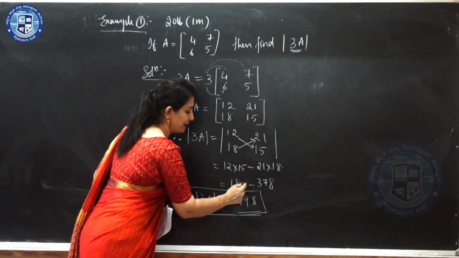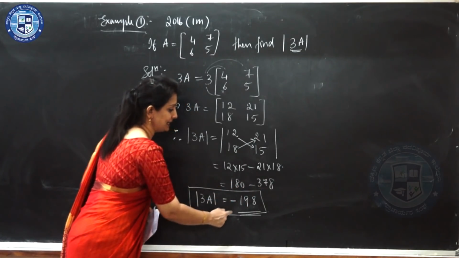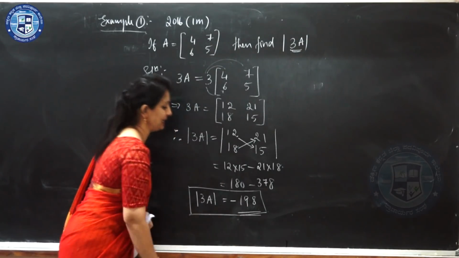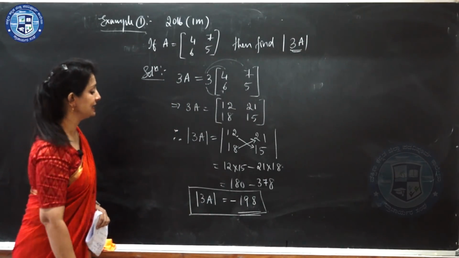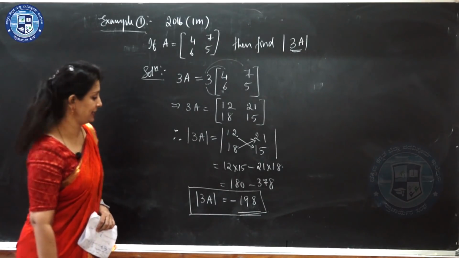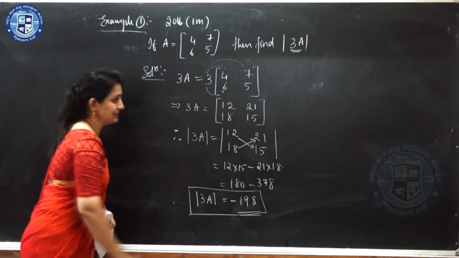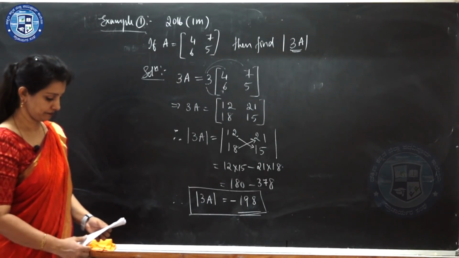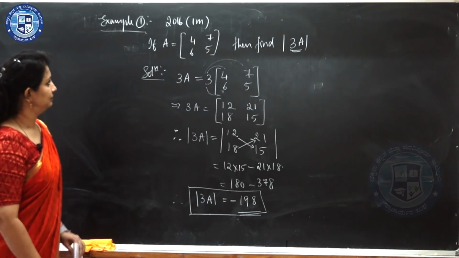Now, 180 minus 378 is minus 198. Minus 198 is the value of the determinant of 3A. Make a note of this, students.